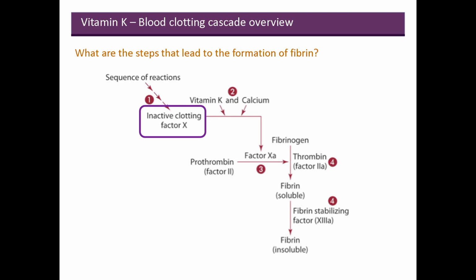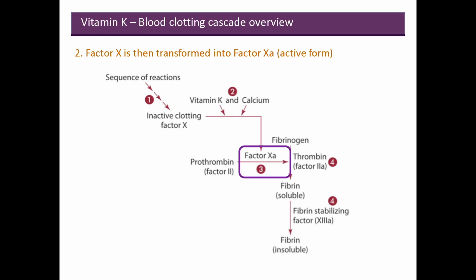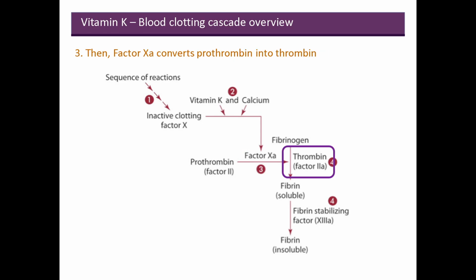So Verity likes to use these chain of event questions on tests, so definitely know this whole entire sequence. But to begin, the inactive clotting factor X is first generated. Factor X is then transformed into factor Xa, or the active form of factor X. Factor Xa converts prothrombin into thrombin.